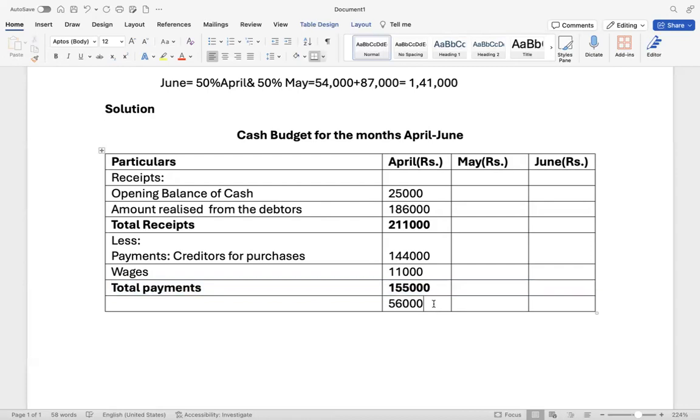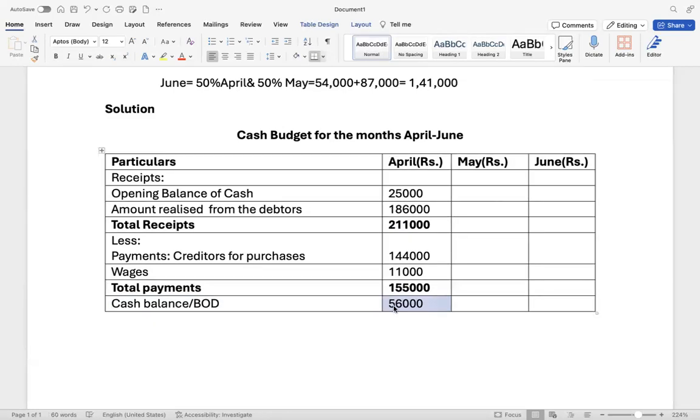The difference is 56,000. So what is this difference? Cash balance or closing balance, the cash balance at the end. Or it can be bank overdraft. Here in this case, it is a positive amount. Therefore, it is a cash balance. It is not negative. Had the payments been more than the receipts, it would have been an overdraft, but it is not overdraft now.